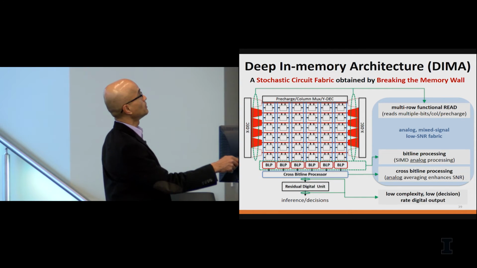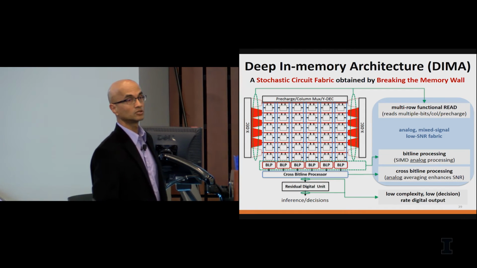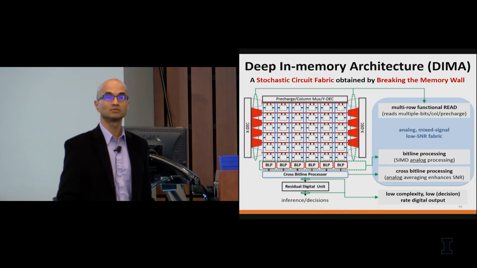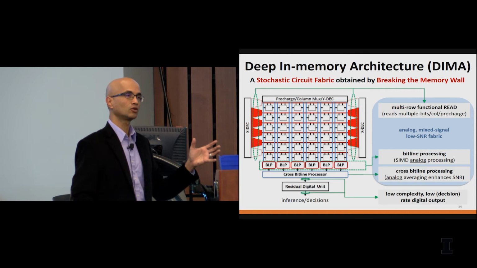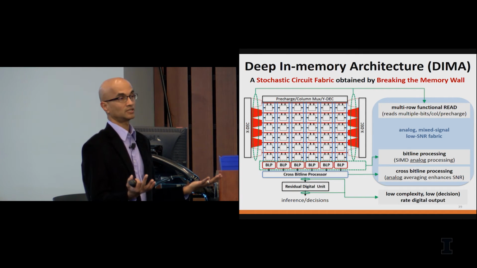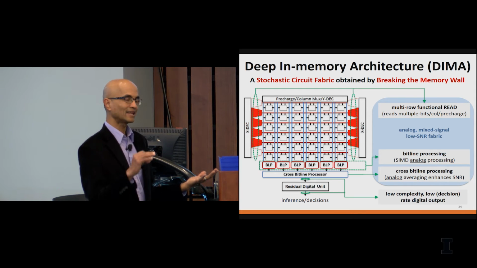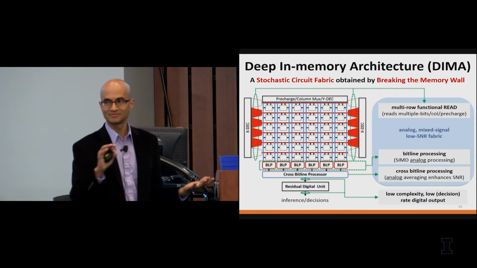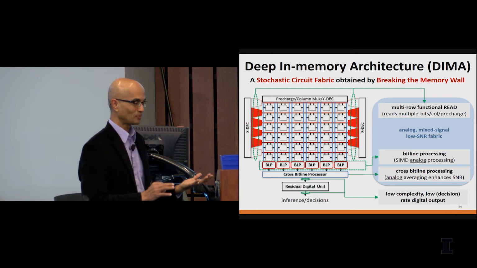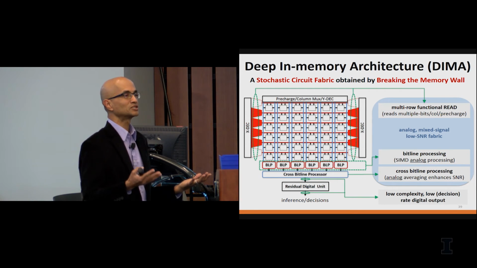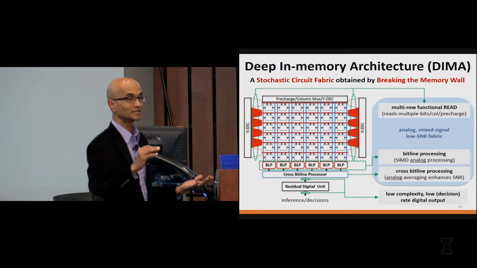So remember, the memory wall is the killer. Why didn't people break it down earlier on? Because memory is typically analog and computation is typically digital. And if you make an analog stochastic, it is not very reliable. It's much easier to build digital circuits that are predictable, that are deterministic.